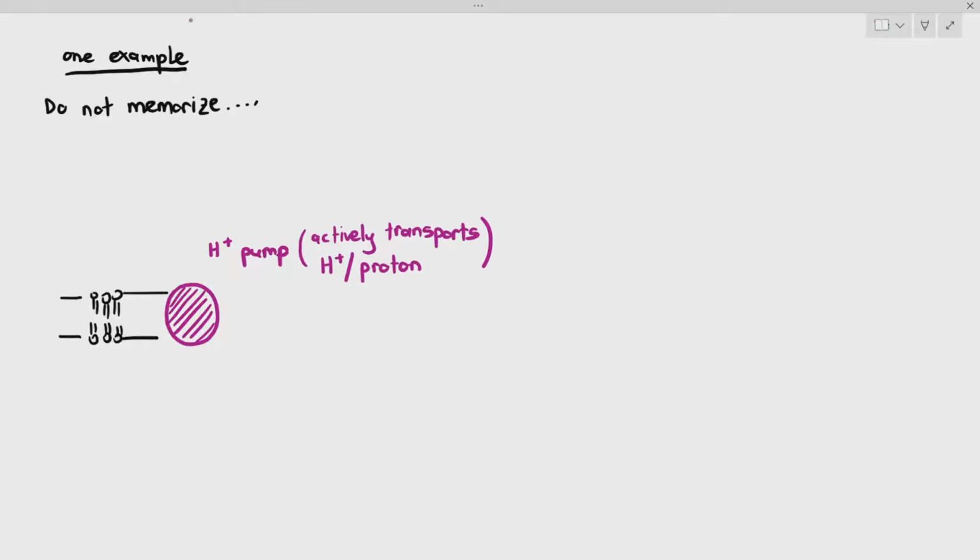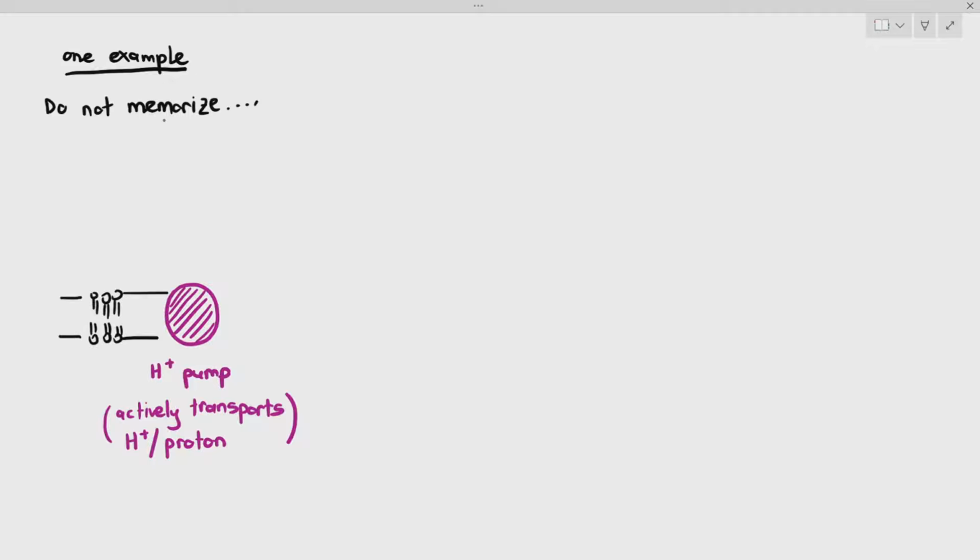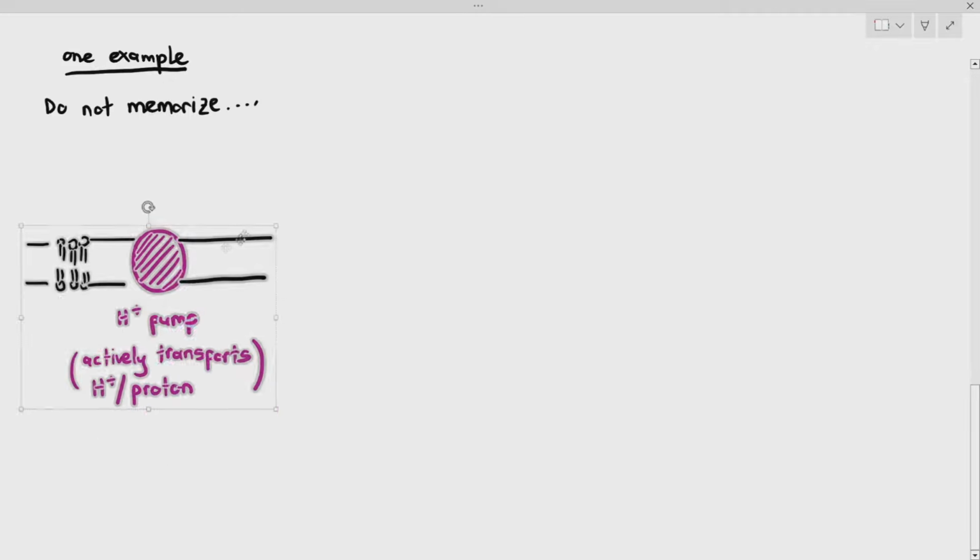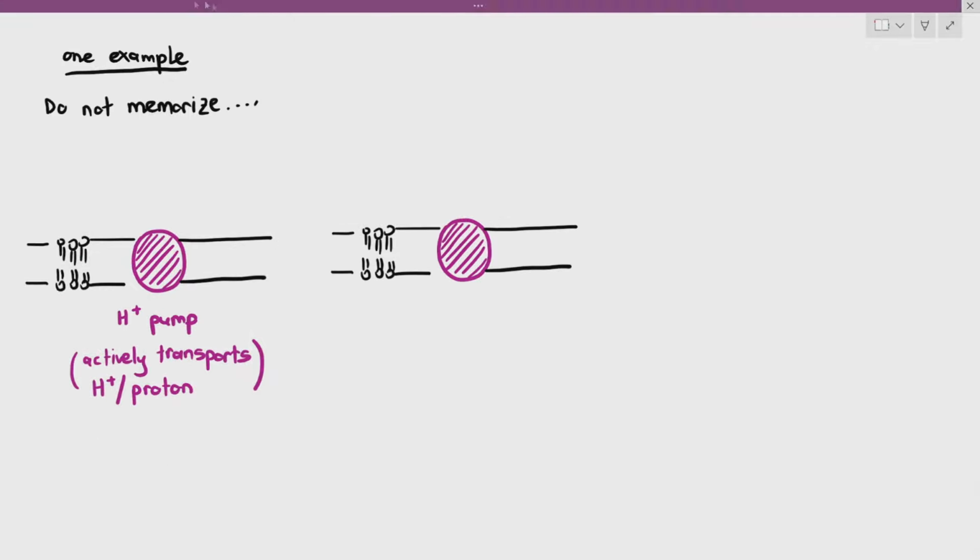And when you use the word hydrogen ion pump, you can assume that it's a pump protein. You know that they are going to be carrying out active transport. And the function of this hydrogen ion pump is to actively transport hydrogen ions or protons. You can use the word hydrogen ion in the exam, or if you're doing chemistry, you know that a single hydrogen ion is just a proton. So both terms are interchangeable.